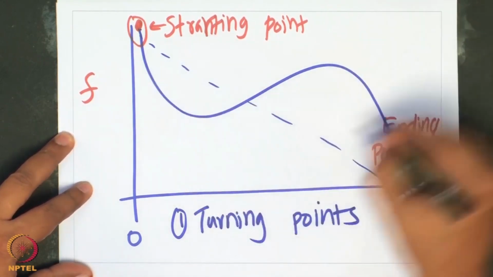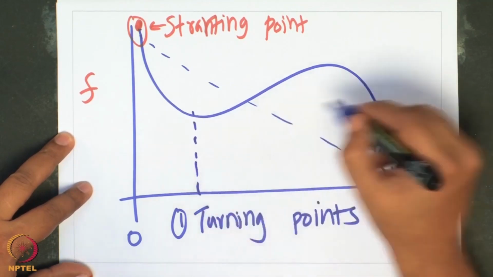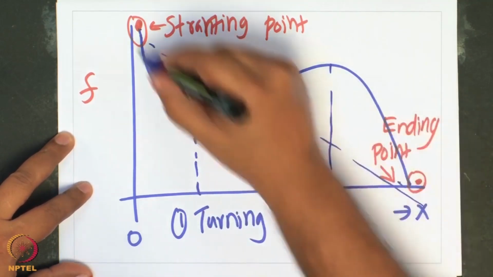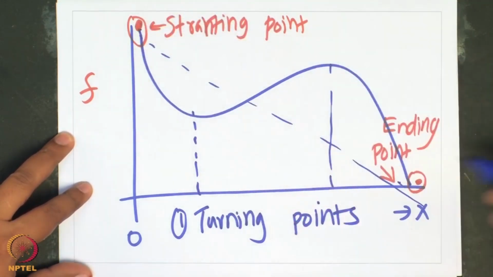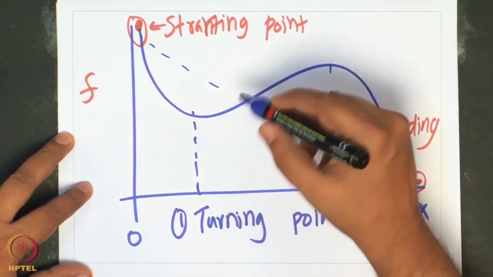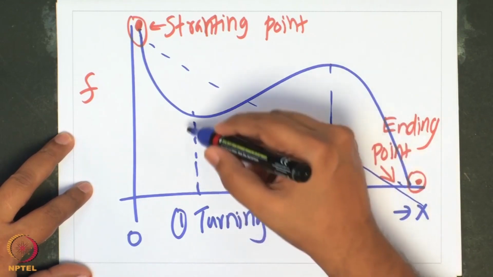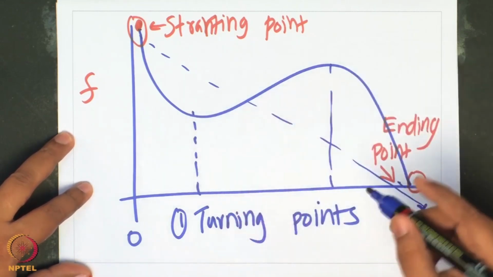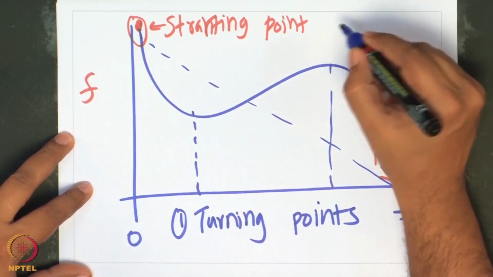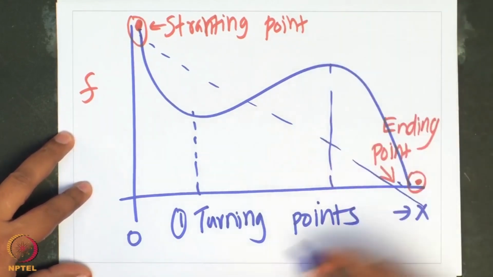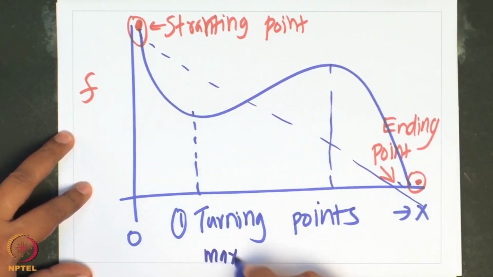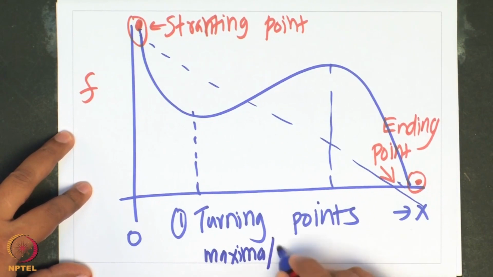These turning points would typically be maxima or minima. These are the points where the function is coming down and is going to turn here. There are ways of finding out maxima or minima.